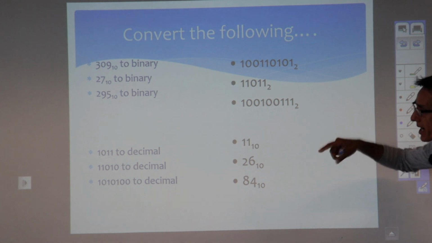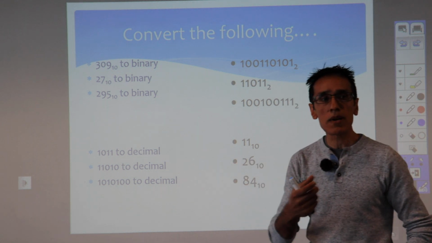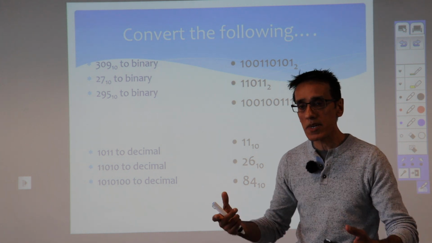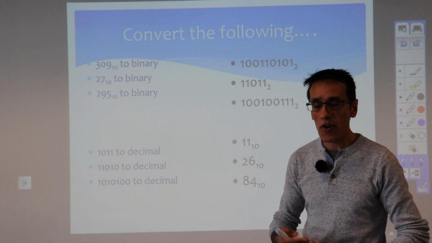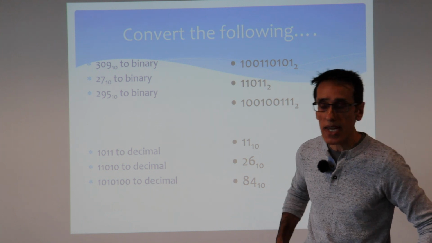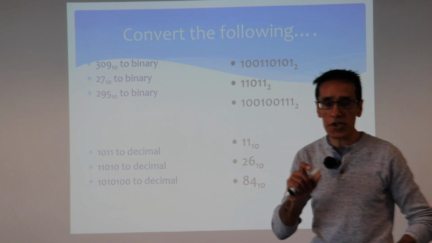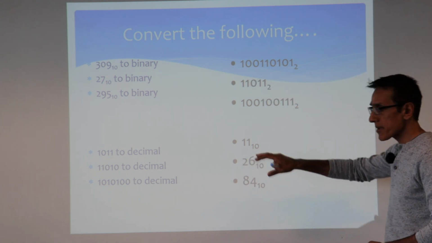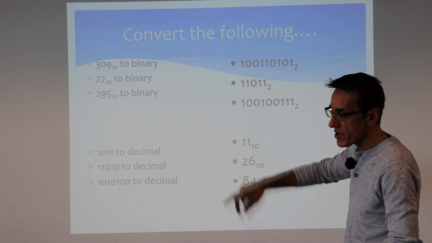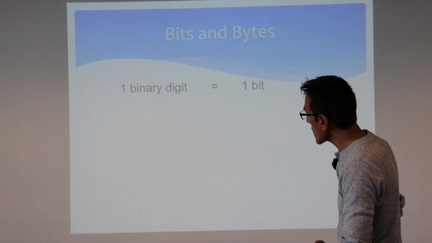If you didn't, go back, try again, keep practicing. Remember, you can make up random binary numbers and random decimal numbers, perform the conversion, and check your answers. You can either go online and find converters, or you can use the Windows calculator, switch it to programmer mode, type the number in. Depending on the base, you can choose the base and check your answers.